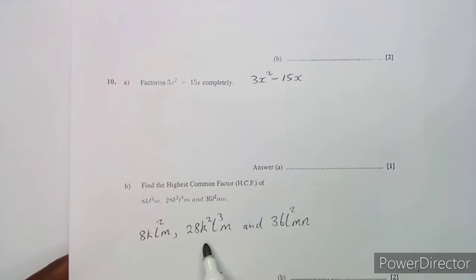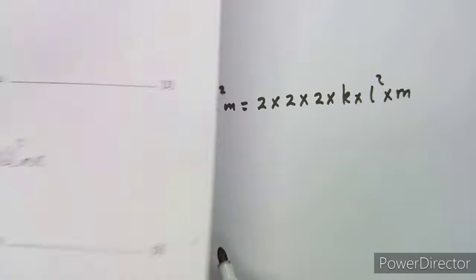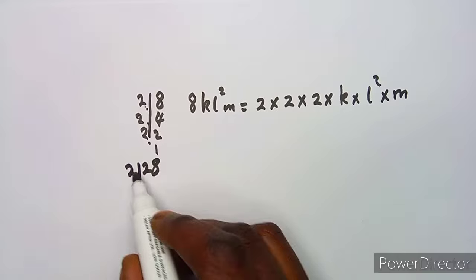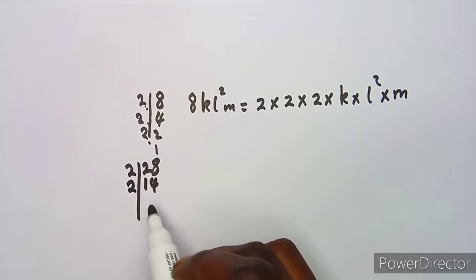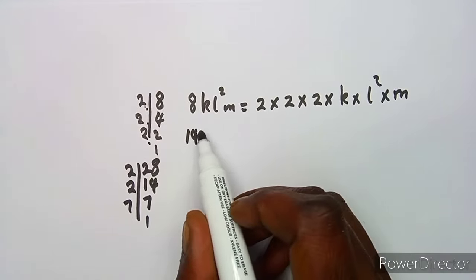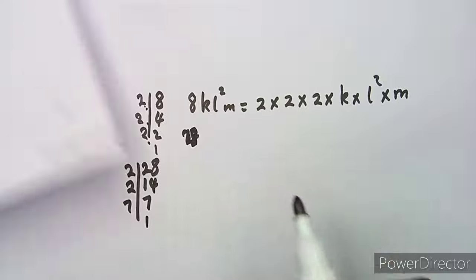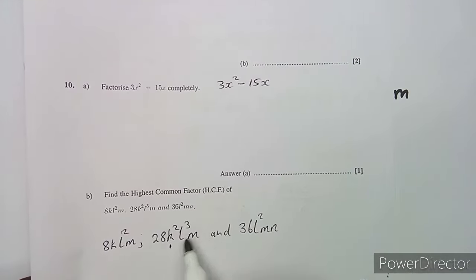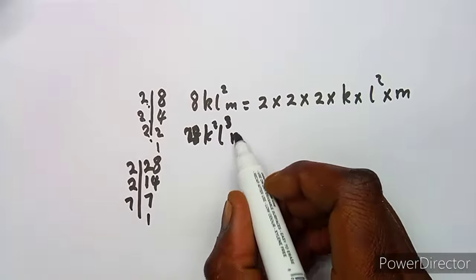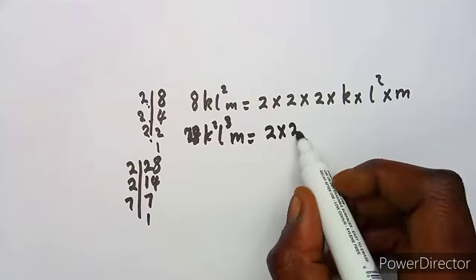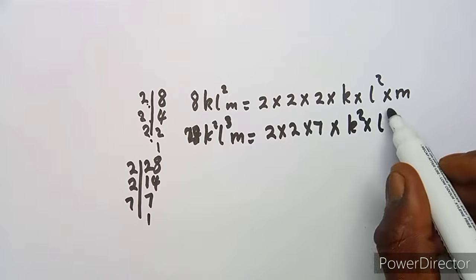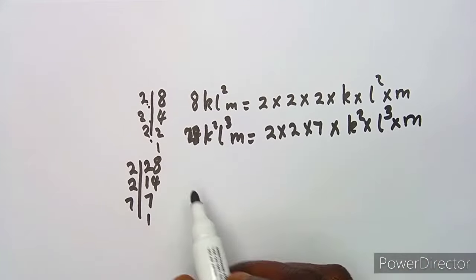Okay, we have got 28. So if you do the same for 28, guys, as a product of its prime factors, 28 is going to give us 2, which is 14, 2, which is 7, 7, 7, that is 1. So we are going to have 28 here, 28 K squared L cubed M, which is going to give us 2 times 2 times 7 times K squared times L to the exponent of 3 times M. All right, we'll move on to 36.